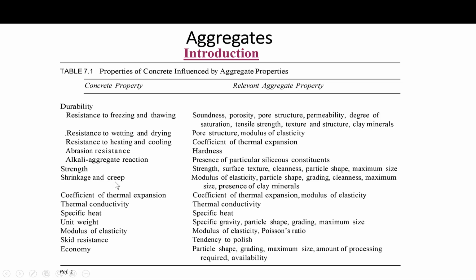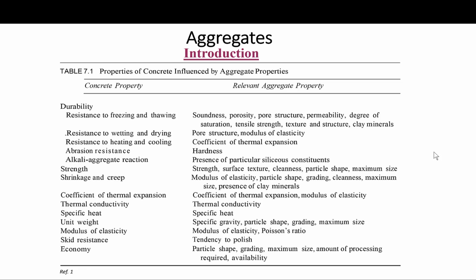For shrinkage and creep, for example, the modulus of elasticity of the aggregates, their particle shape, gradation, cleanness, maximum size, and the presence of clay minerals within these aggregates, all those properties will influence the shrinkage and creep of the concrete, and so forth. You can see here a list of every property that could be influenced by the presence of the aggregates.